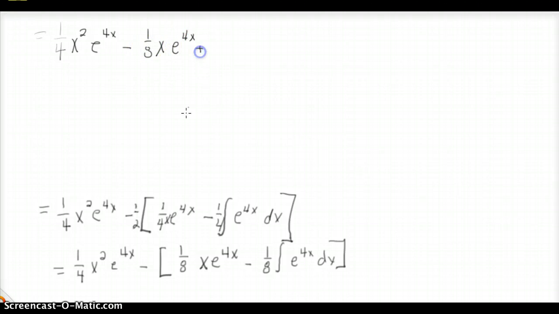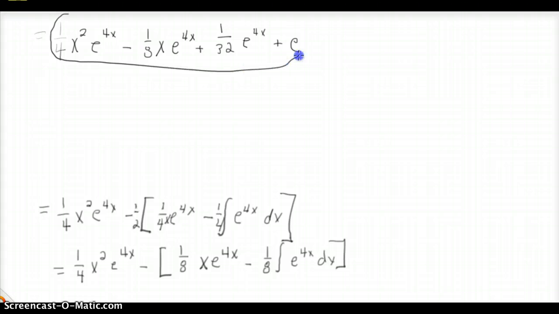And this is also going to be a plus sign because we're going to distribute the negative in. Plus 1/32 e to the 4x plus a constant is the answer that we should get.